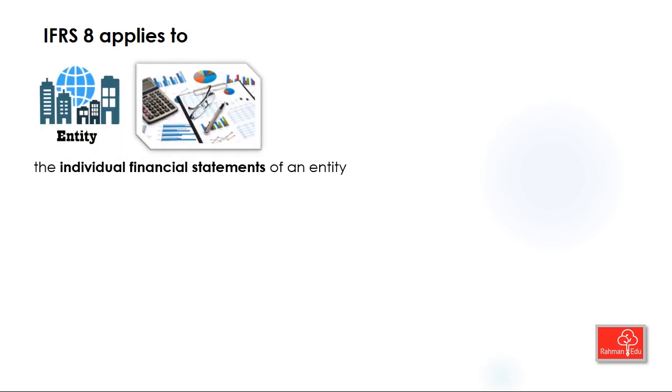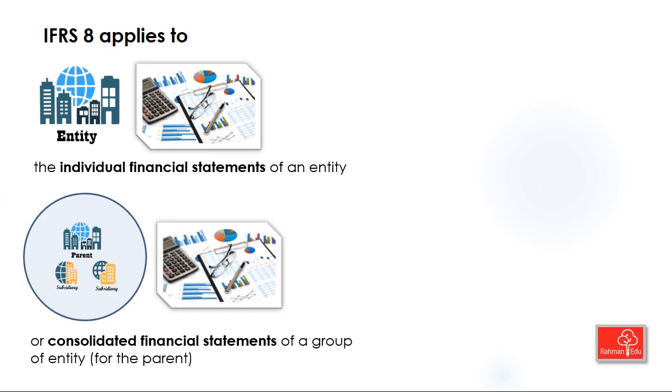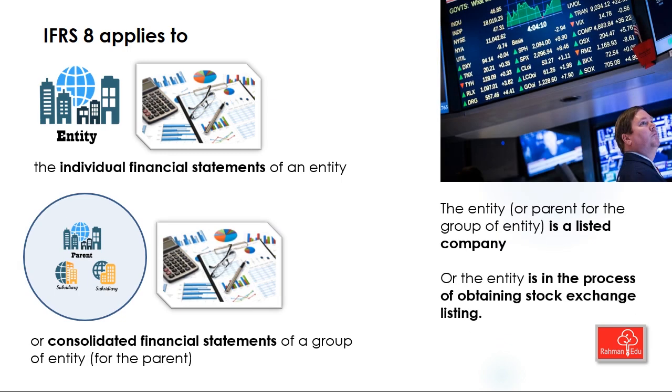Now, IFRS 8 applies to individual financial statements of an entity or consolidated financial statements of a group, for the parent, if that entity or the parent is a publicly listed company, or if that entity is in the process of obtaining a stock exchange listing.